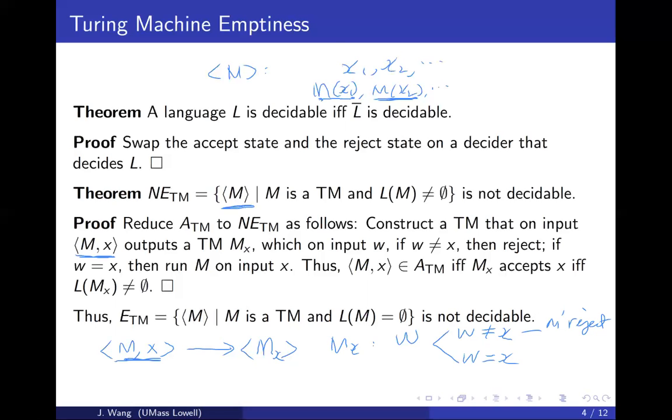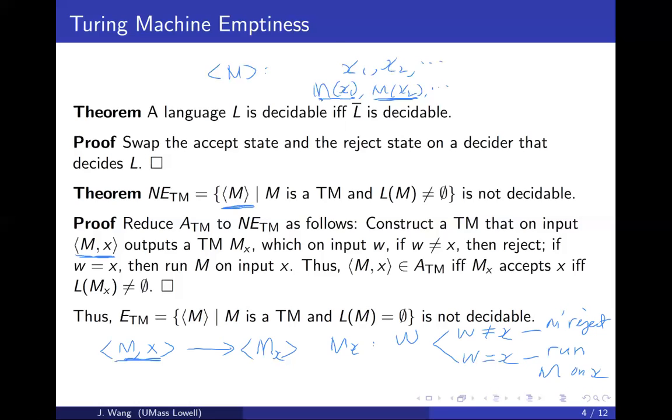Okay. And if W is equal to X, then simulate or run M on X. So this is what this M_X does. Now let's see what happens.